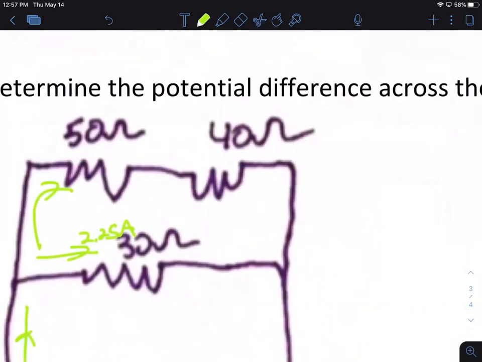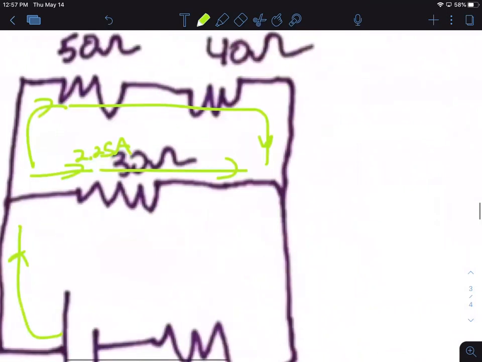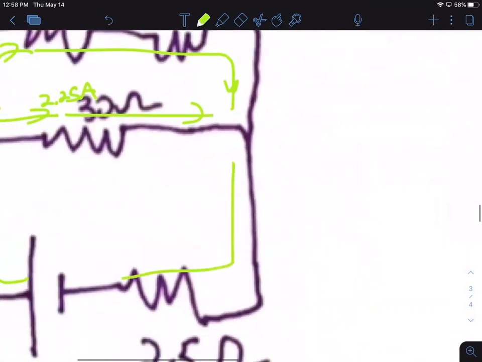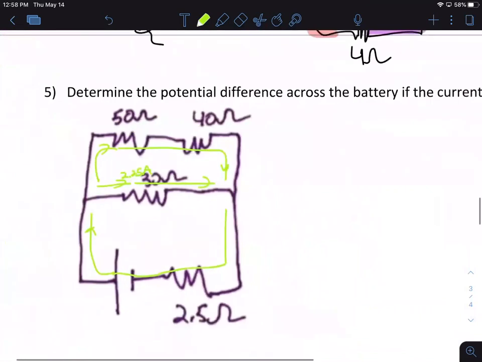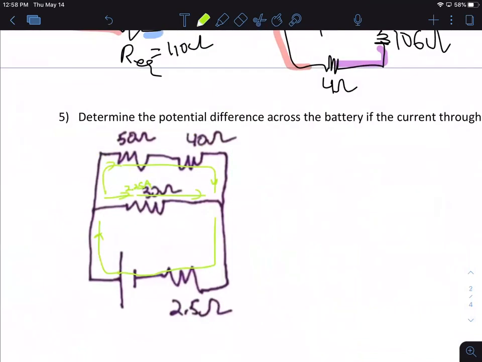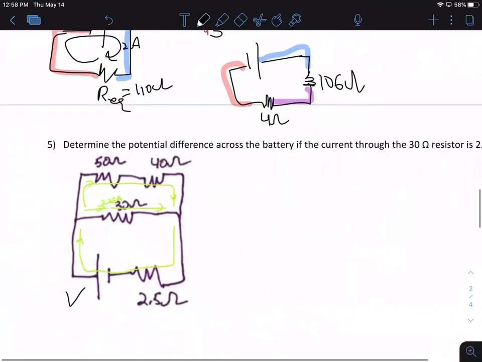All right, splits up, comes back together, goes through this resistor and back through the battery. And we want to know another situation where we're looking for V. Now this one we don't know the full current, so we might have to do a table. Let's put some colors on here though.